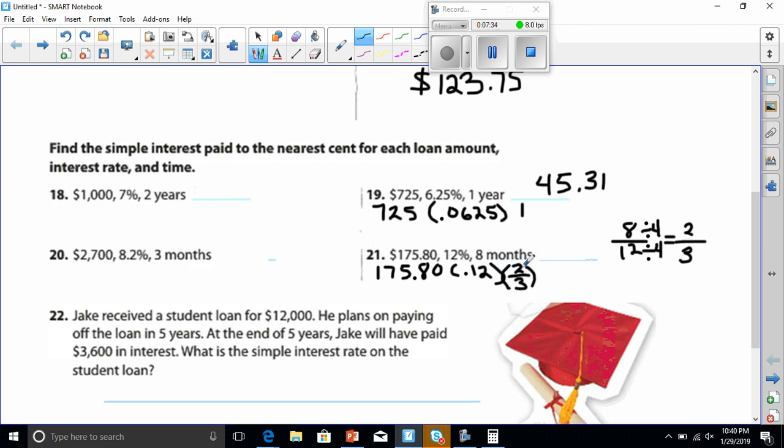All right, so let's see what we got here. We're going to have to multiply all these numbers together, and that'll give us our answer.